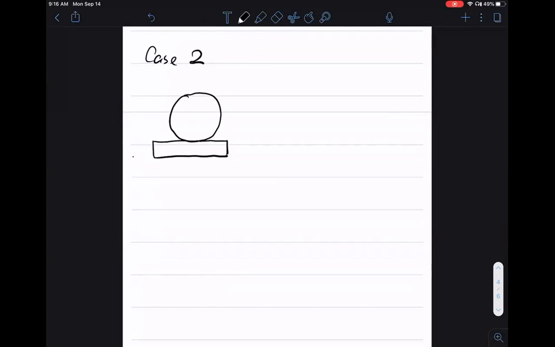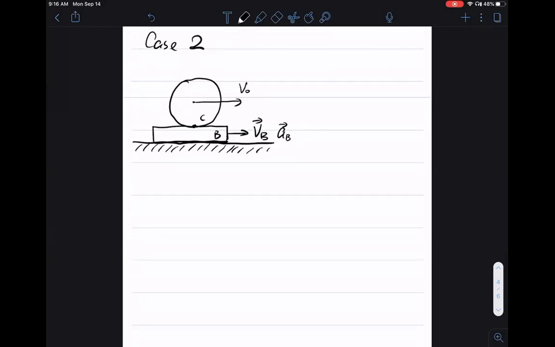This block is sliding on a fixed surface. Let's call that block B. Block B can move in the horizontal direction with velocity VB and acceleration AB. All right, this is case two.